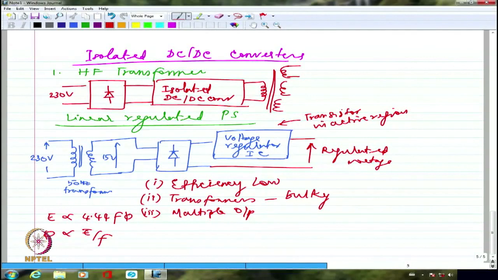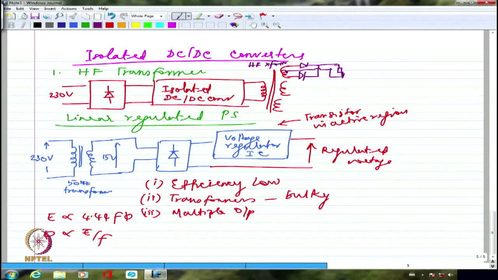So this is the high frequency transformer, and the output normally will have a center tap rectifier, something like this. So I am going to have 2 diodes and the load is connected between these 2 terminals. This is a center tap rectifier, what we initially started with.